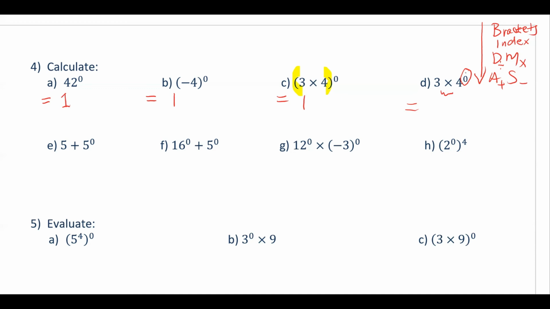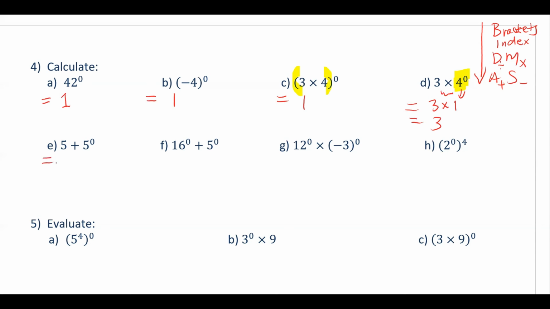So what that means is that this power of 0 only applies to 4. It does not apply to 3. So you will do 4 to the power of 0 first, and then multiply the answer by 3. So the first step is to say 3 times. Now that just gives us 1, and the result is 3.